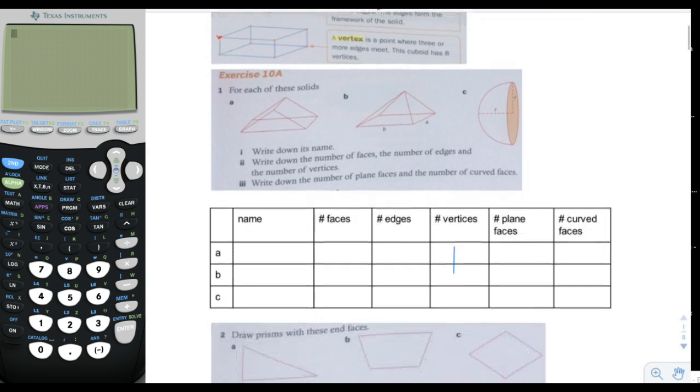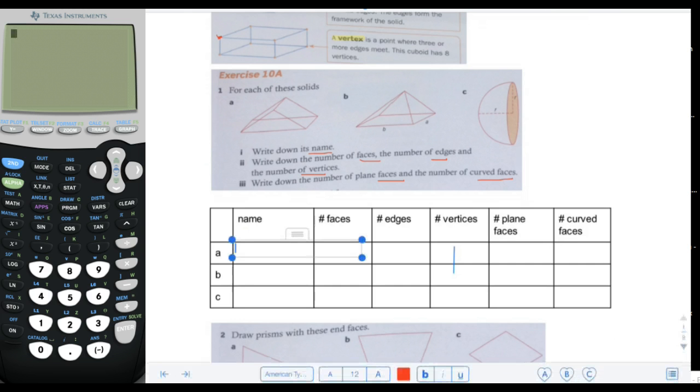So for these solids here, we're going to write down their name, the number of faces, edges, and vertices, and then the number of plane faces and curved faces. Let's see. This first one here is a triangular prism.